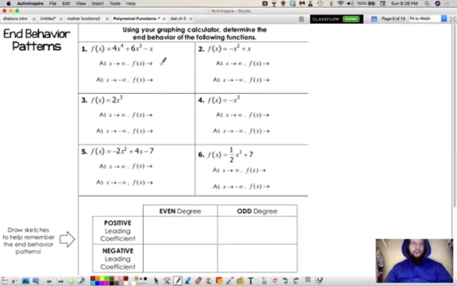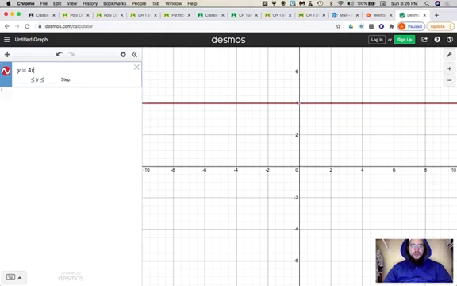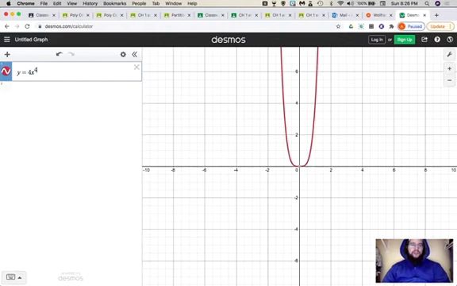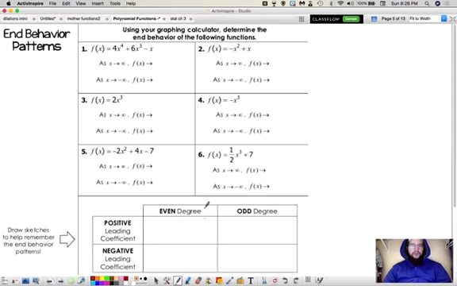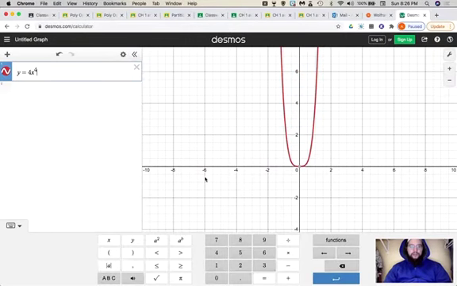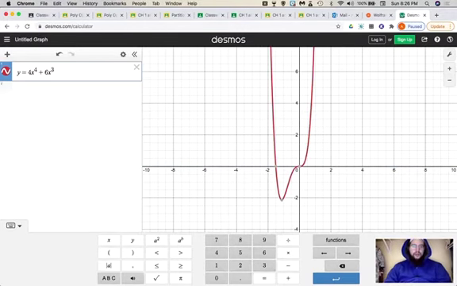Polynomial functions, don't forget. 4x to the fourth, 6x cubed minus x. 4x to the fourth. I'm using shift 6 for that, by the way. You can also use this little pop out here. 6x cubed minus x. So this thing.